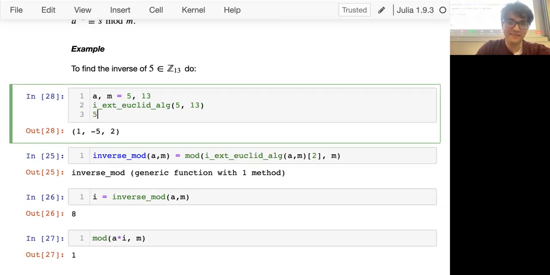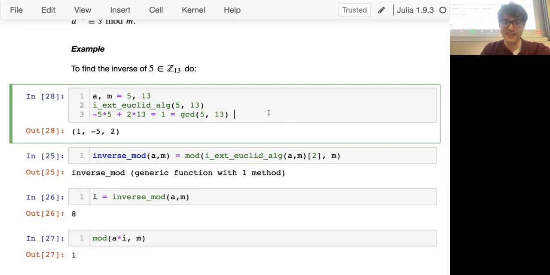Okay, so we have 5, because I want to do this properly. So the GCD of 5 and 13, that's going to be 1. And we should have Bezout coefficients minus 5 times 5 plus 2 times 13. Oh, okay, yeah. Minus 25 plus 26 is equal to 1.